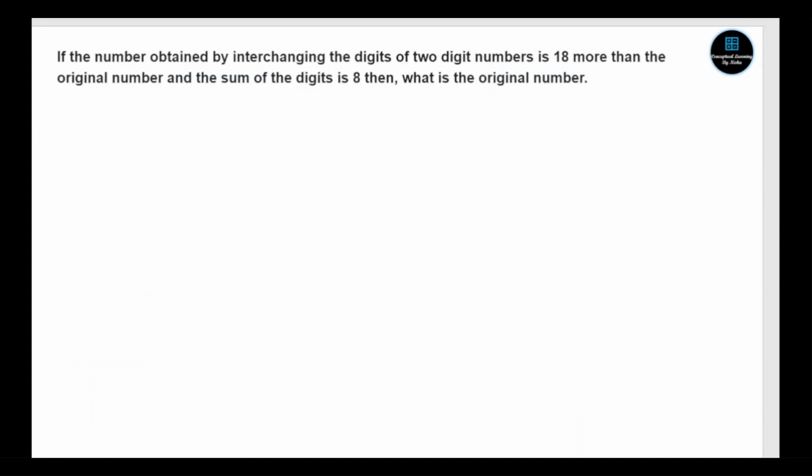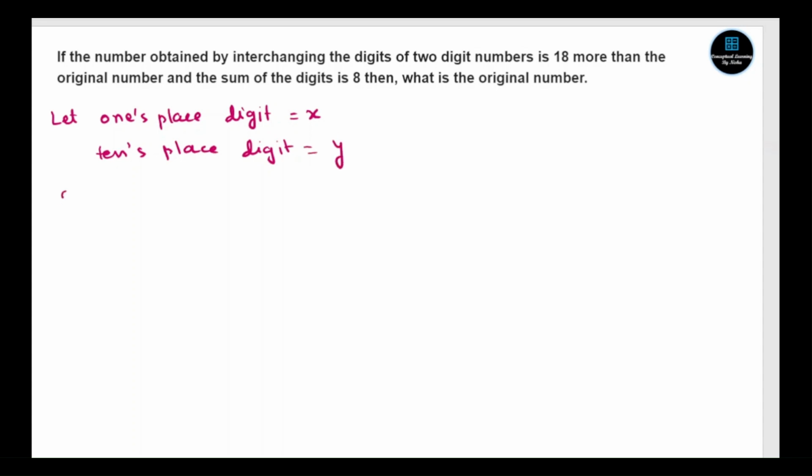Now here they're talking about a 2-digit number and we are talking about digits, right? So let the ones place digit be x and tens place digit, you can take y.